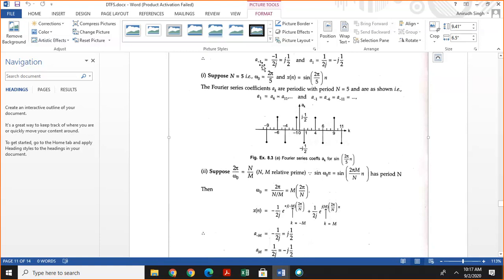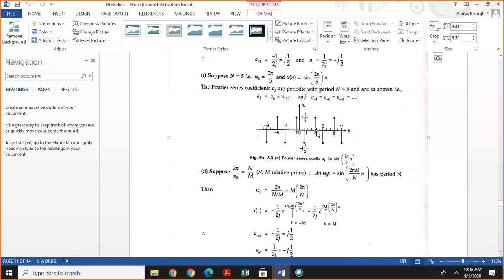If we add 5 to minus 1, and a minus 1 is given by j by 2, a minus 6 is given by j by 2.